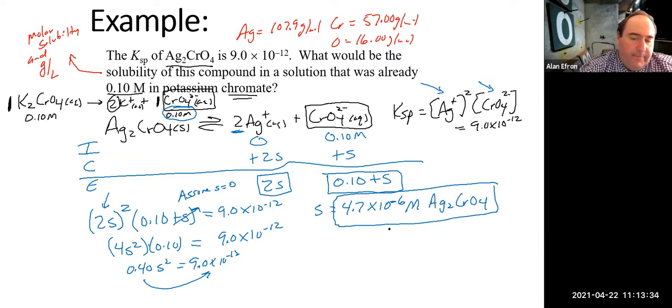Now, when we do that, that's moles per liter. So that would take care of the molar solubility. We now want to convert it into obviously grams per liter. So that is where our molar mass would come into play. So if we add up all those parts there, we got 2 silvers at 107.9 plus a chromium at 57 plus 4 oxygens at 16 each.